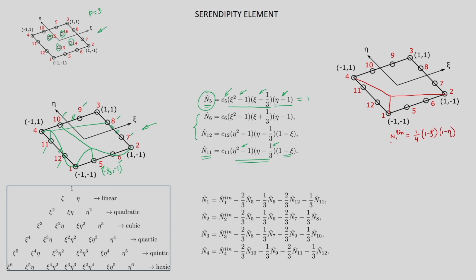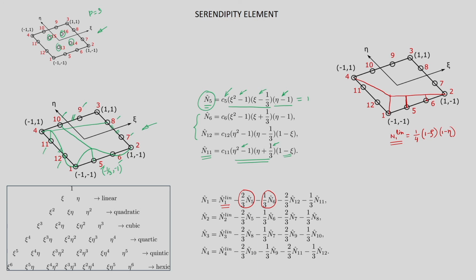Now, from that N1 linear, we are going to subtract the contribution of N5 and N6. What is the value of N1 linear at node 5? The value here is basically 2/3. So, we subtract 2/3 of N5 and 1/3 of N6 from N1 linear, to ensure that N1 is 0 at node 5 and node 6.